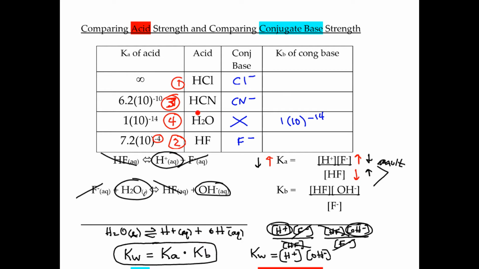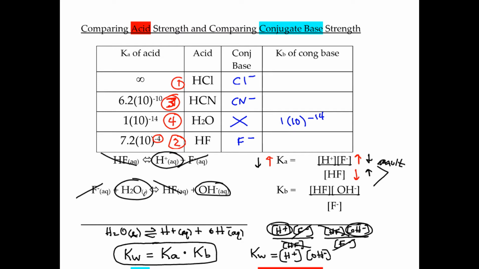This is not a regular acid or conjugate base. It's water that acts as both an acid and a base because it's amphoteric. So when water dissociates, you can call it an acid or call it a base. So here I'm calling it an acid, here I'm calling it a base. It has the same K because it's the same reaction.